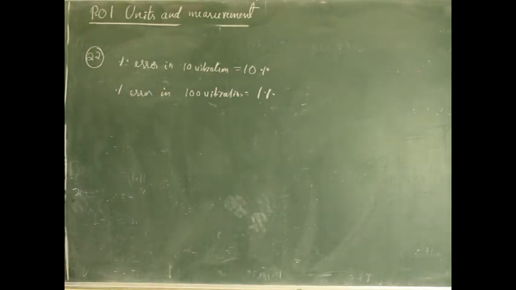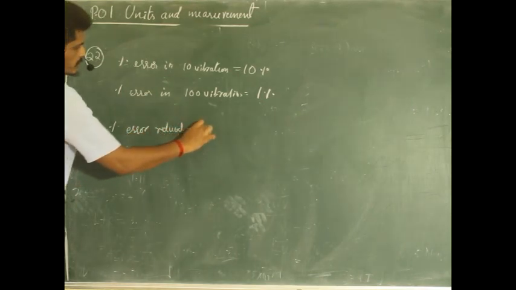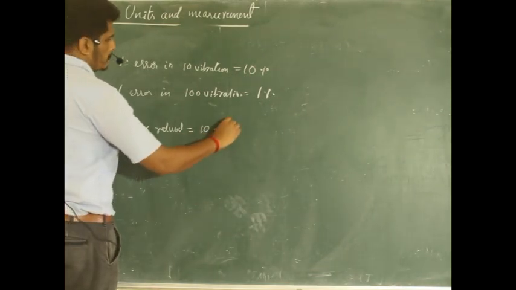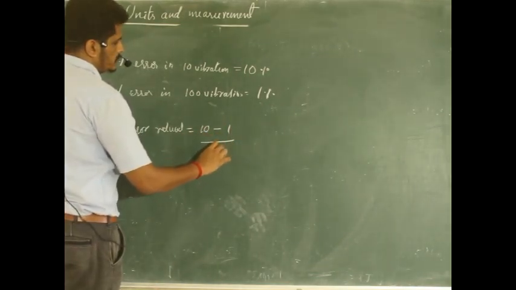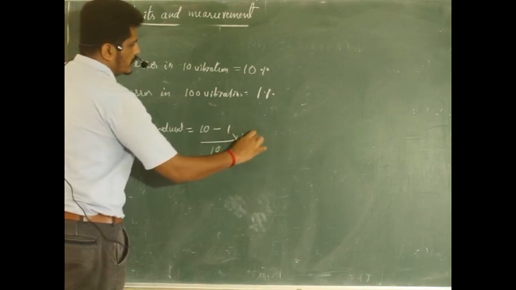So next, let us calculate that. Now what we do, percentage of error which has to be reduced. So percentage of error reduced is equal to 10 minus 1 divided by 10 into 100.